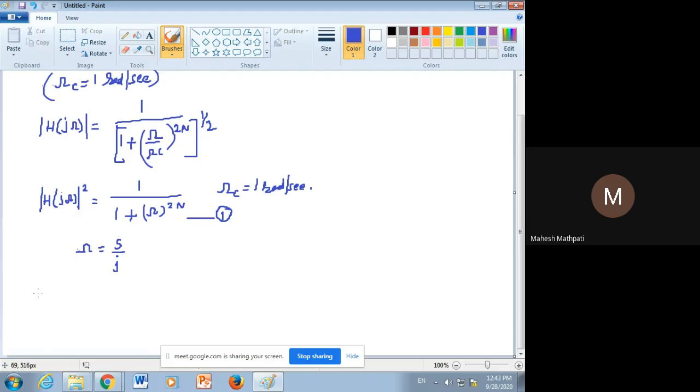On the left side, magnitude H of j omega squared can also be written as H of omega squared, which is equal to H of s by j squared, or simply I can write it as H of minus s squared.